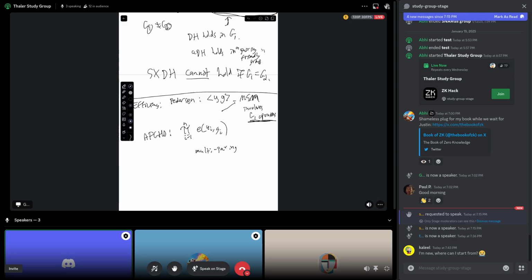Just as the fast algorithm for MSMs is Pippenger's algorithm, Pippenger's algorithm also applies to multi-pairings, so it's not quite as bad as n pairings. It saves you a log factor compared to the naive algorithm. So this is roughly n over log n pairings to compute this multi-pairing. The naive algorithm would go through each of these n terms separately, compute the pairing for each of them, and then apply the target group operation n-1 times.